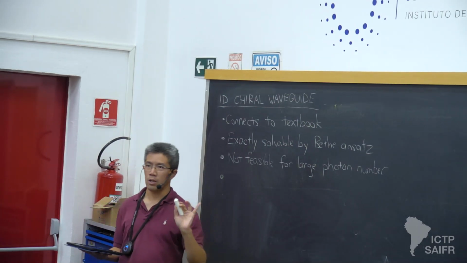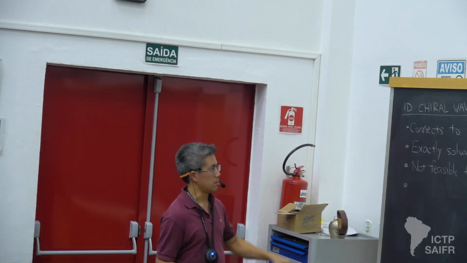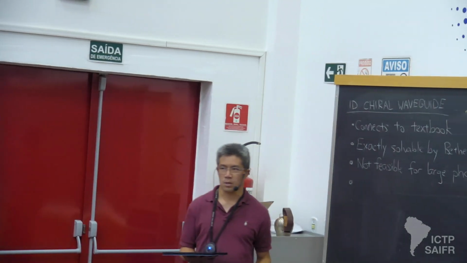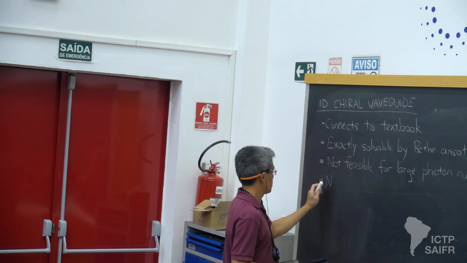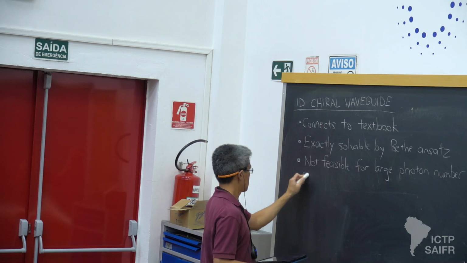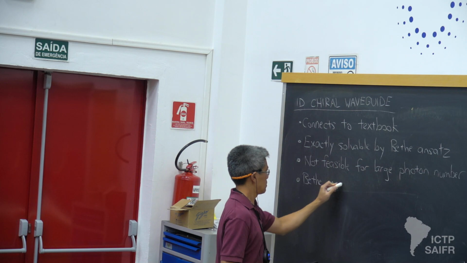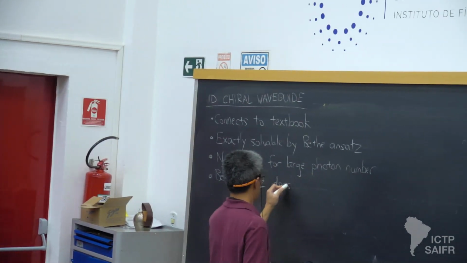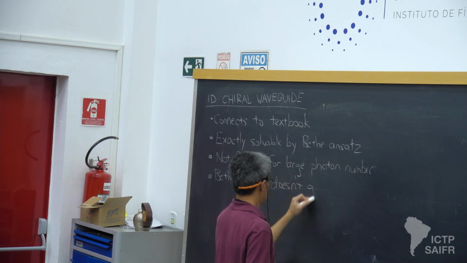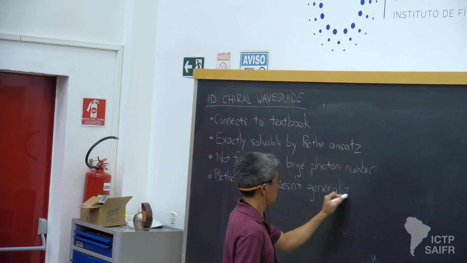If I were to break the integrability, if I were to add any random other term to my Hamiltonian, then all of a sudden the Bethe ansatz disappears. So it doesn't generalize.